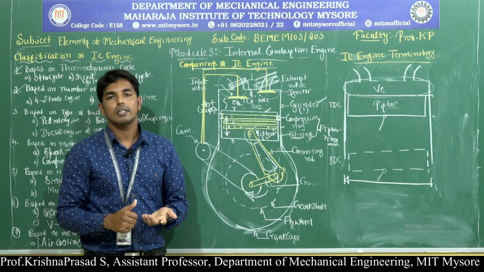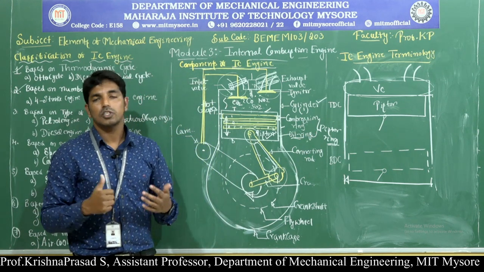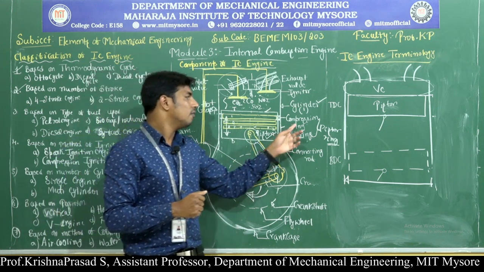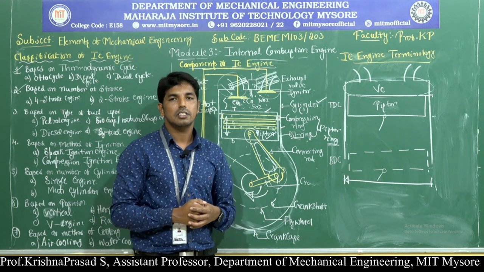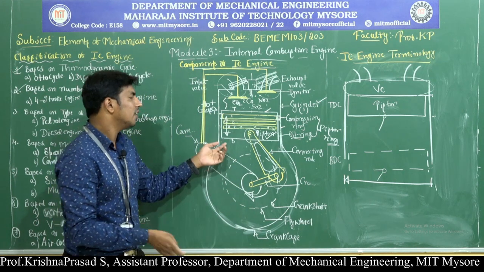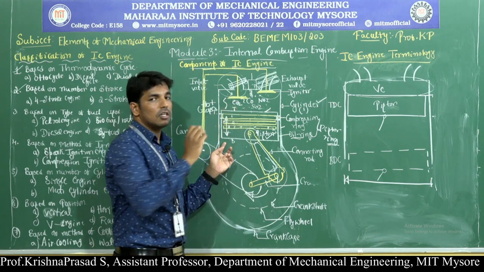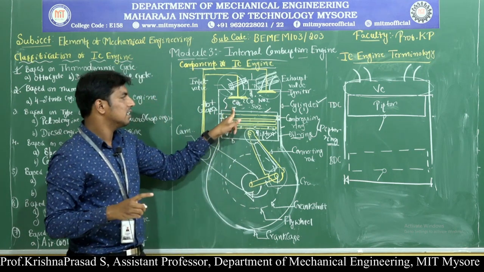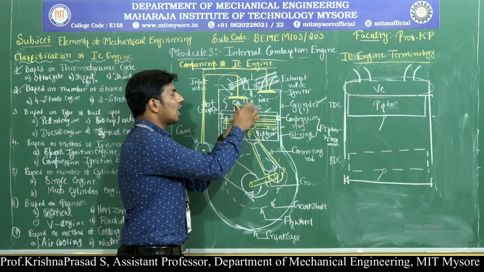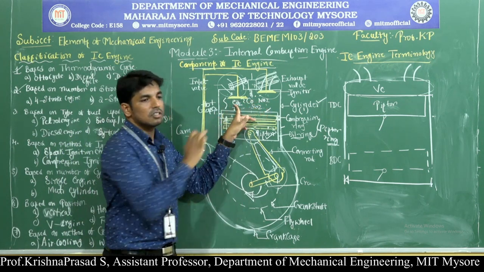There are two types of piston ring: one is called the compression ring, the other is called the oil ring. What is meant by the compression ring and what is its main function? The main function of the compression ring is to maintain a gas tight joint between the piston and the cylinder. Due to the combustion of the fuel inside the engine cylinder, burnt gases are produced. These burnt gases are carbon dioxide, carbon monoxide, nitrogen dioxide and sulfur dioxide.